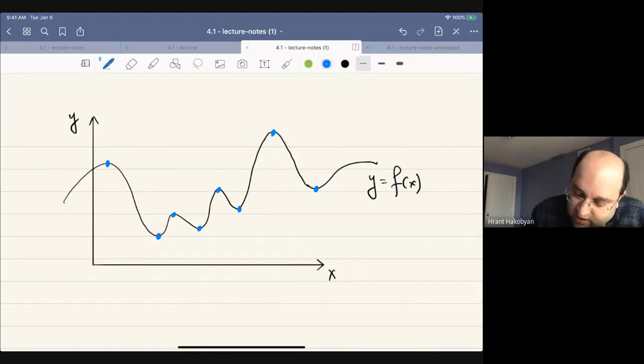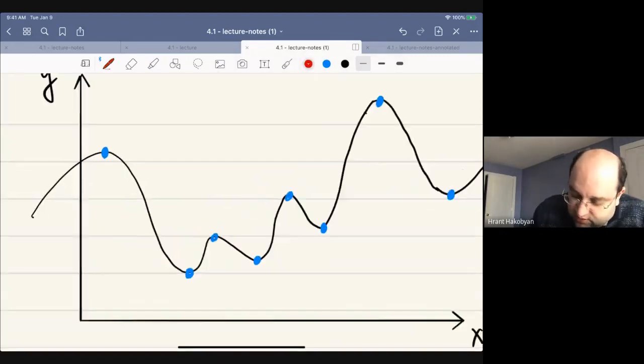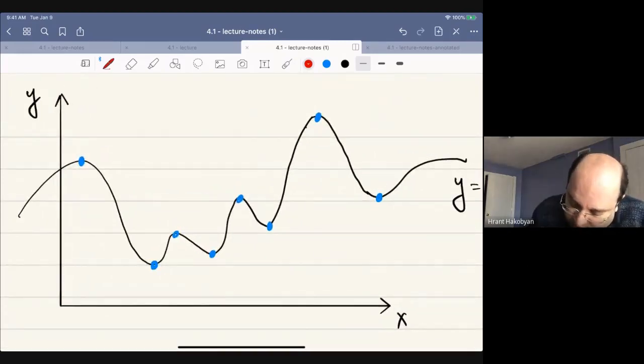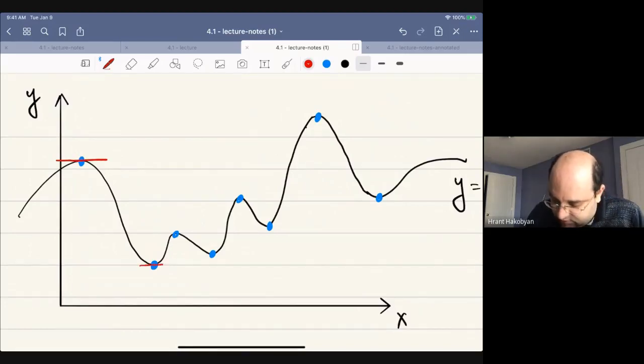Okay, so now let's look at the tangent lines at those points. The tangent line at any of these points is, well, here is one. There is a tangent line there, there, there, there, there, there, and there.